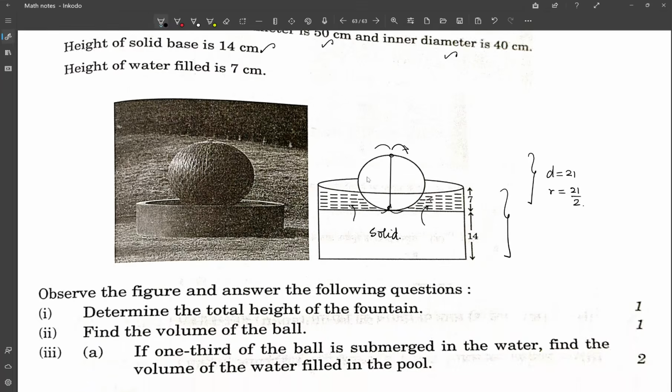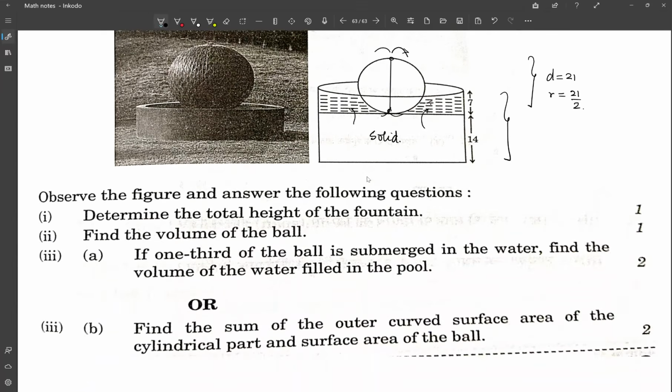We'll now take a look at the questions. Determine the total height of the fountain. Now the fountain is a solid object, correct? So it includes this portion, which is of 14 centimeter, and the height of the ball.